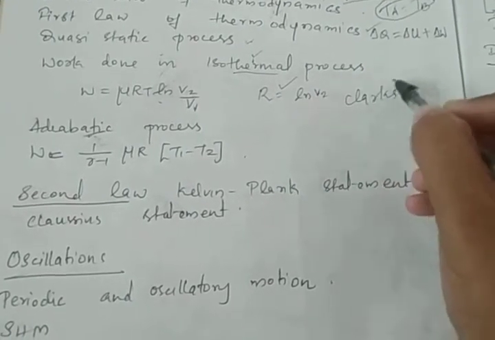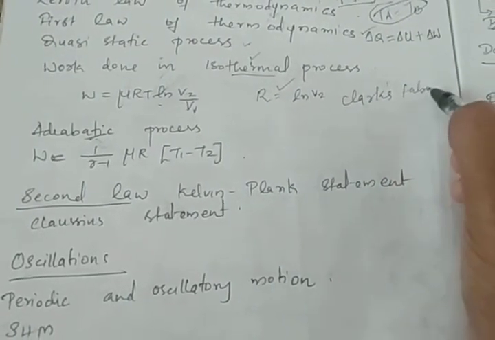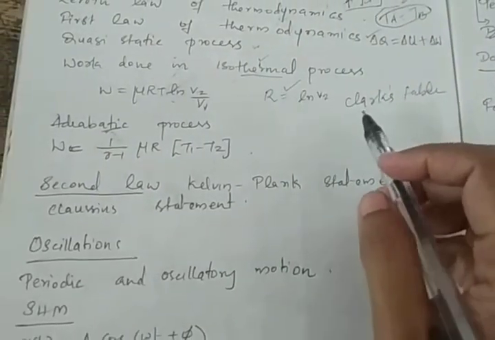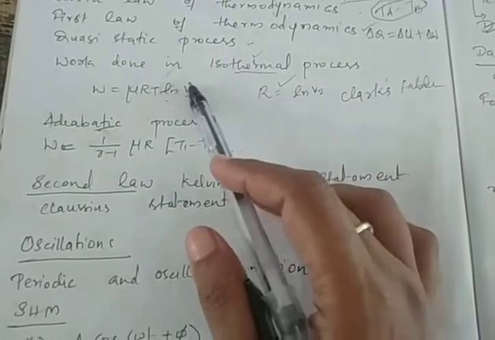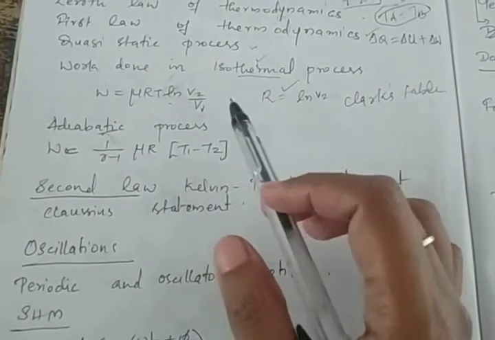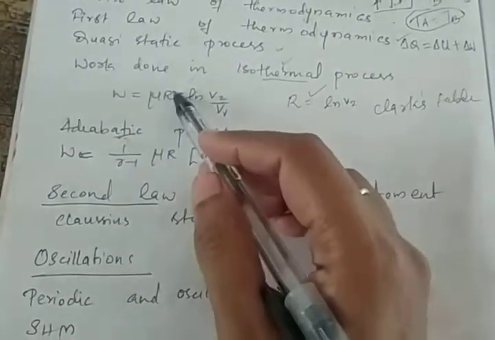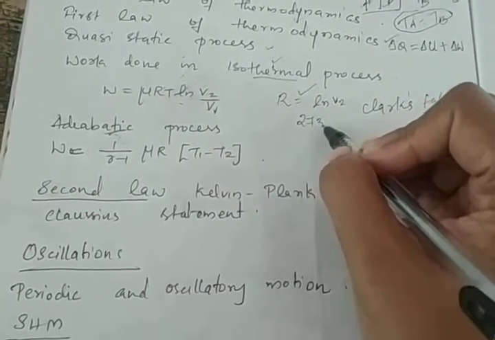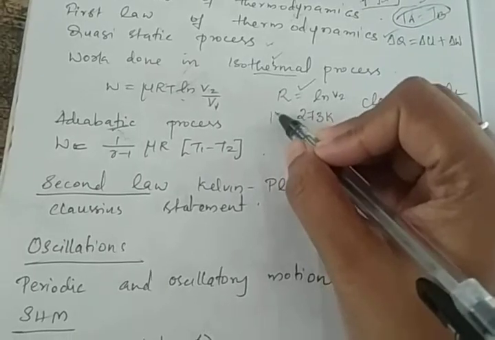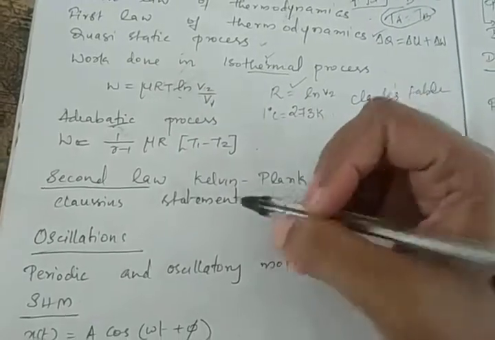It will be useful for you for your board exams as well. So by a Clark's table, you can easily find out the logarithmic values of any number. Okay, and T is the constant temperature, and you should always express the temperature in Kelvin. And you know 0 degree Celsius is 273 Kelvin.